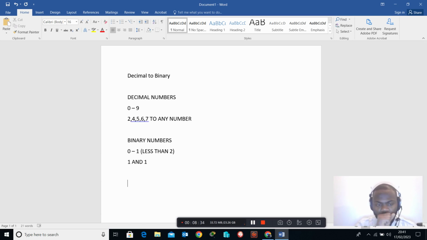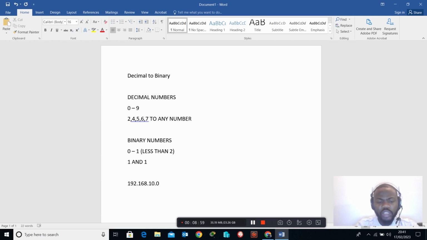Now, let's write out any decimal number, and we have to convert it to binary. Remember, an IP address is written this way. I will just pick any one. 192.168.10.0.